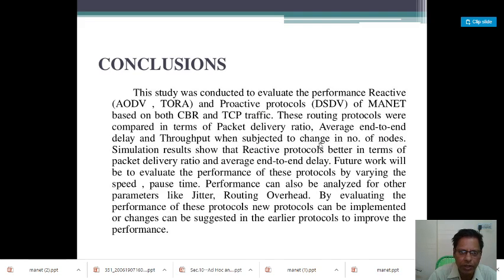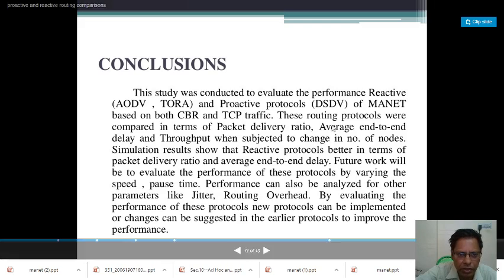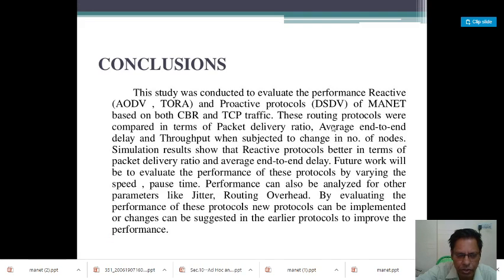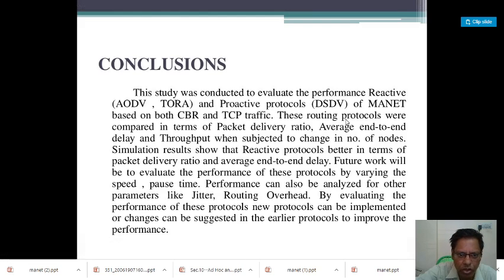Okay, and the conclusion about the comparison between the reactive and proactive protocols is to evaluate the performance of reactive protocols, that is AODV and TORA, and proactive protocols, that is DSDV, of MANET, based on both CBR and TCP traffic.